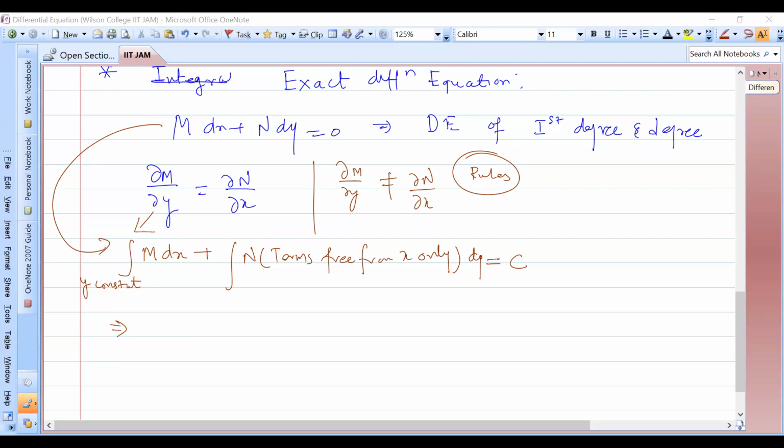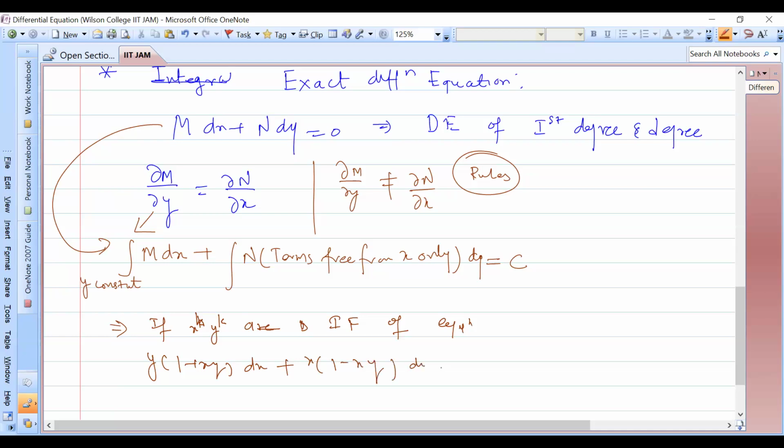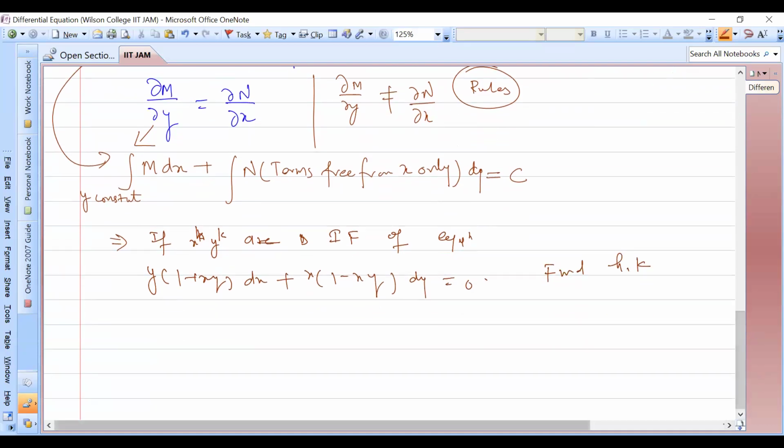They have given in the paper, if x raised to h and y raised to k is an integrating factor of the equation y into (1 plus xy) dx plus x into (1 minus xy) dy equals 0, find h and k.